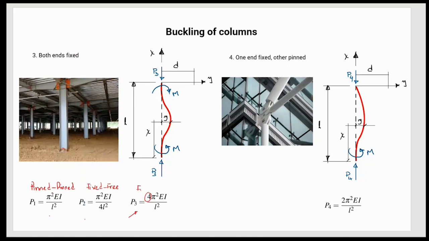So this is fixed, meaning that if I'm using a fixed column, the load needed to produce buckling in that column is going to be higher than the one needed for the pin case.